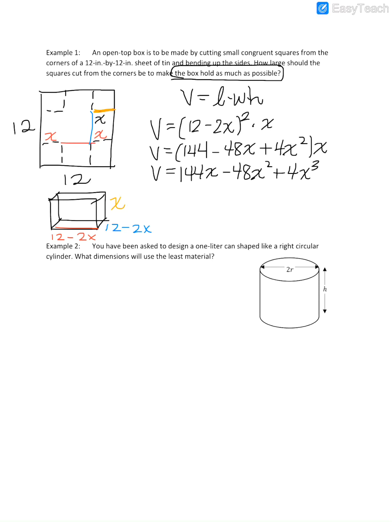Now I'm going to go ahead and do my derivative. So V prime equals 144 minus 96x plus 12x squared. And I want this set equal to 0. When I do that, I'm going to go ahead and factor out a 12.